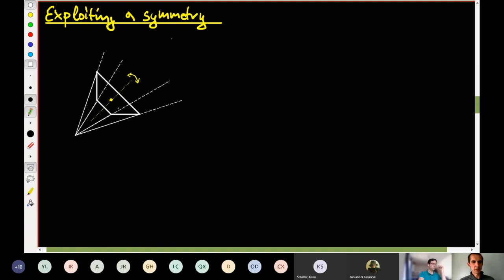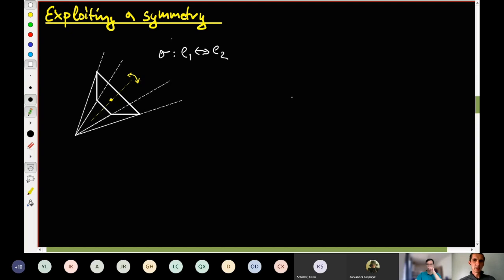Indeed, it's easy to see that already the polytope we started with is invariant under this reflection, right? So let me call this reflection the involution sigma. And what does it do? It just flips the first and second coordinate here, or you could say it's induced by swapping the first and the second canonical vector in my vector space.